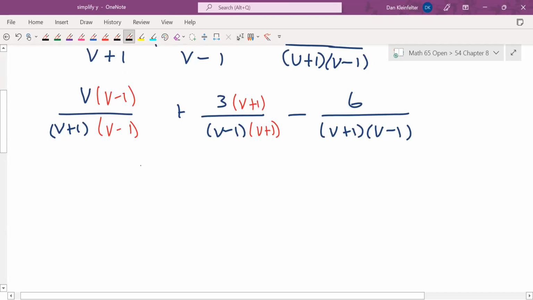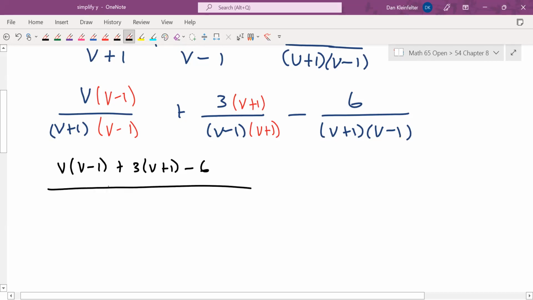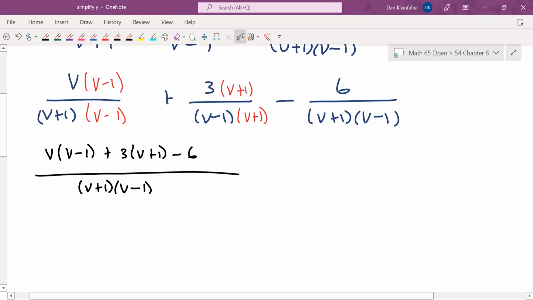All right, so now our denominators are all the same, and so we can combine the numerators. So we'll have v minus 1 plus 3 times v plus 1 minus a 6, all over v plus 1, v minus 1. Okay, and then multiplying everything out, once again, we'll have v minus 1 plus 3v plus 3 minus 6.